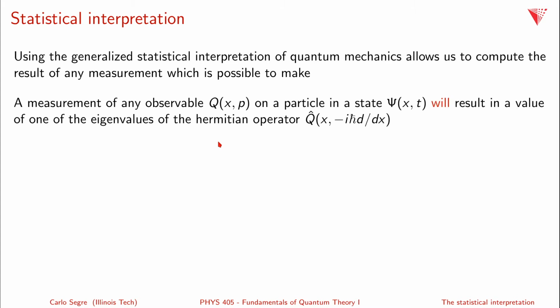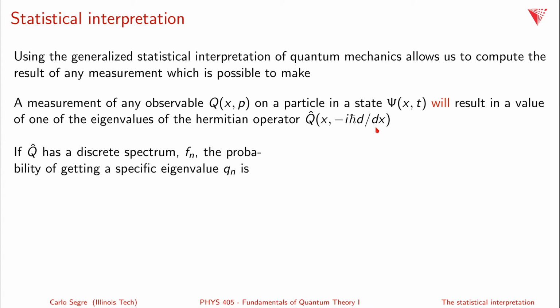So we say that a measurement of any observable operator, we'll call that capital Q, and observable operators are functions of the position and momentum, on a particle in a state psi of x and t, so that's the wave function, will result in a value of one of the eigenvalues of the Hermitian operator Q, which is a function of x and -iħ d/dx.